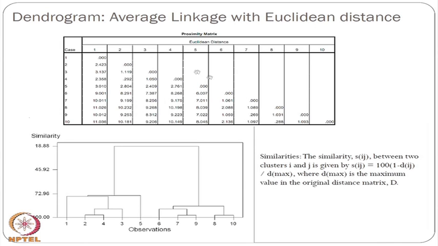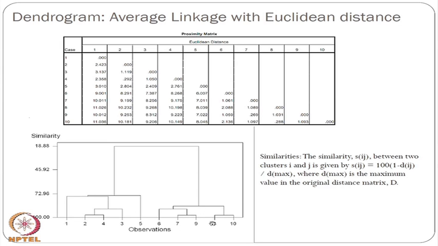Now, if you go for average linkage, is there any difference? Yes, again difference. 2, 3, 4 are coming together here, one after another, but then 1 coming and 5. That means this side and this side, in terms of single linkage, the joining may be different.